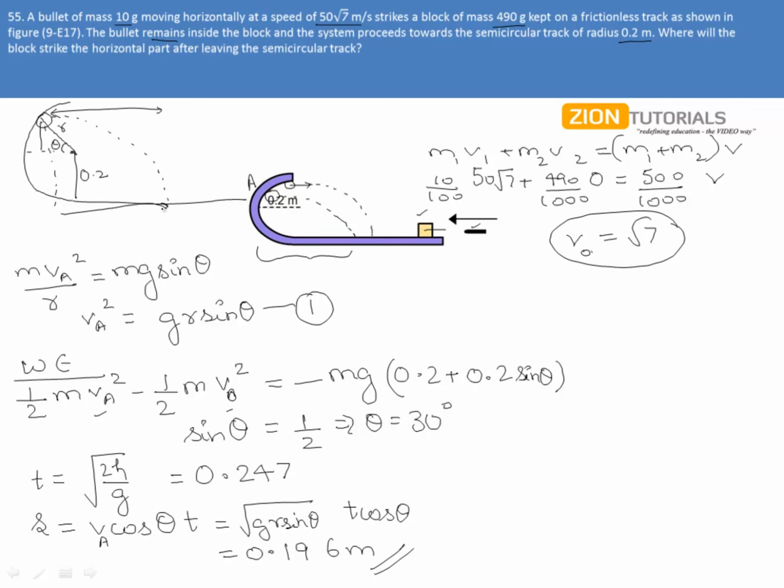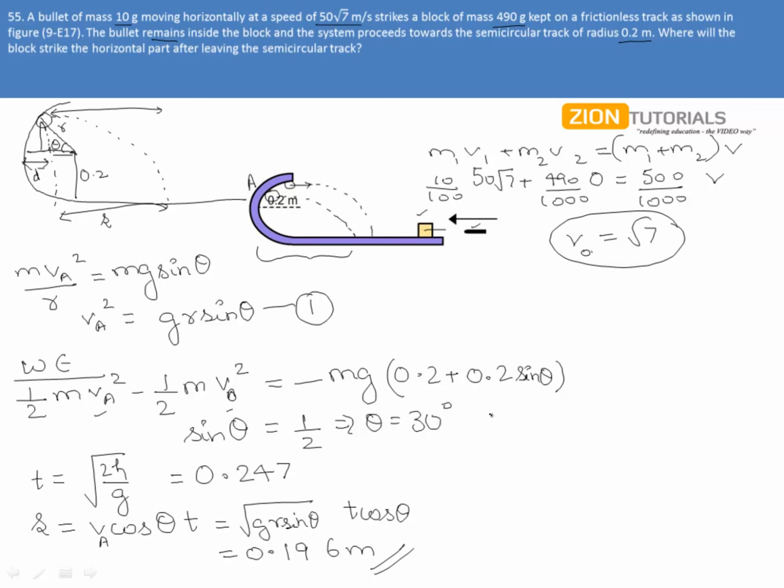Now friends, this is the distance this system actually covered from this point, meaning this was the projectile range, but we need to find the total distance. The total distance means we need to add this distance also. Now what is this distance? This whole is r, this is r cos theta from this triangle, so this is r minus r cos theta. So we need to add this distance small d to this part s in order to get the total distance.